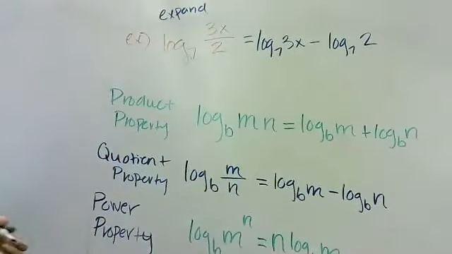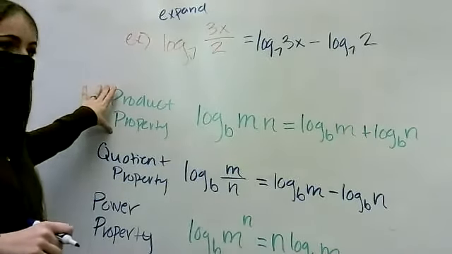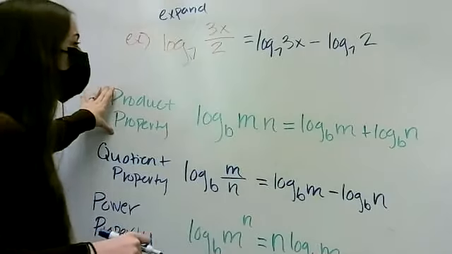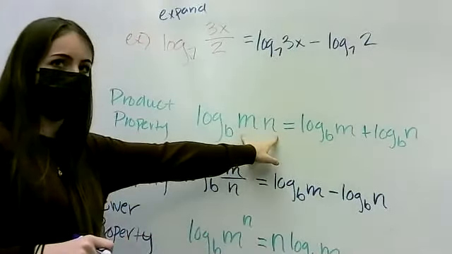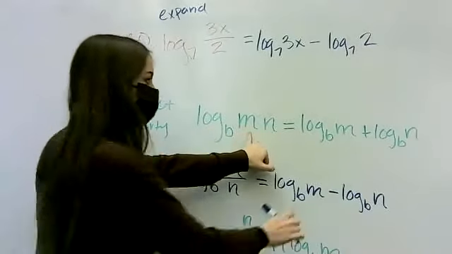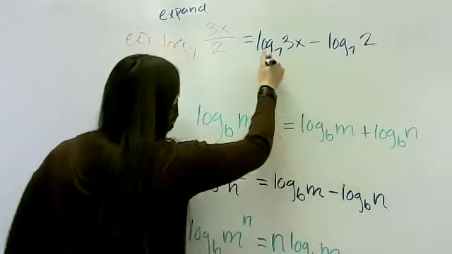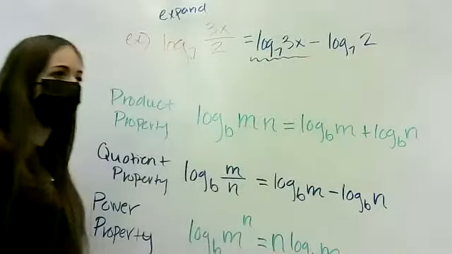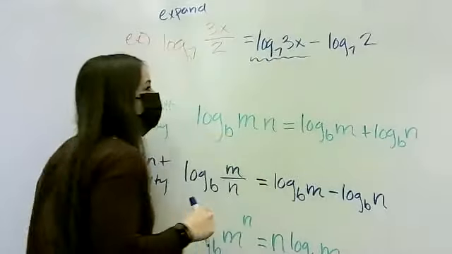Awesome. What's the next step I can do? We kind of talked about it. The 3 and the x. This product property. Now I have the log base 7 with two numbers multiplied together. I want to take log of my first number and add it to log of my second number. So we're dealing with just this part. We have to leave the rest of it on there, but we're just splitting up this 3 and the x. This one is a tough one.